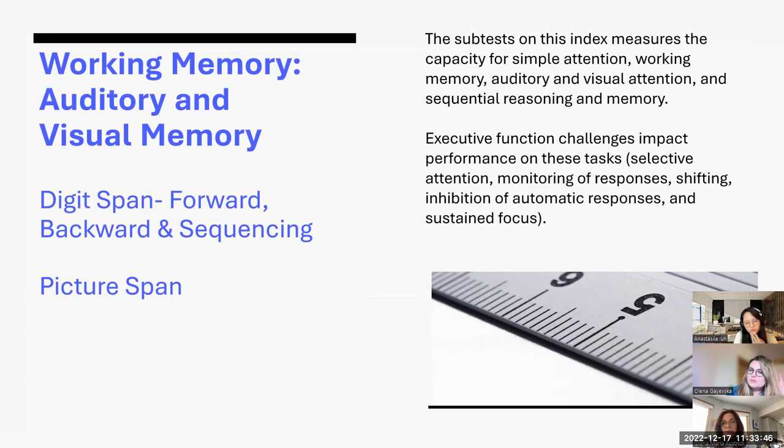They will say hat, shoe, string, keep that verbal information in mind, and then recall the pictures. So this also taps into the language capacity of the child.